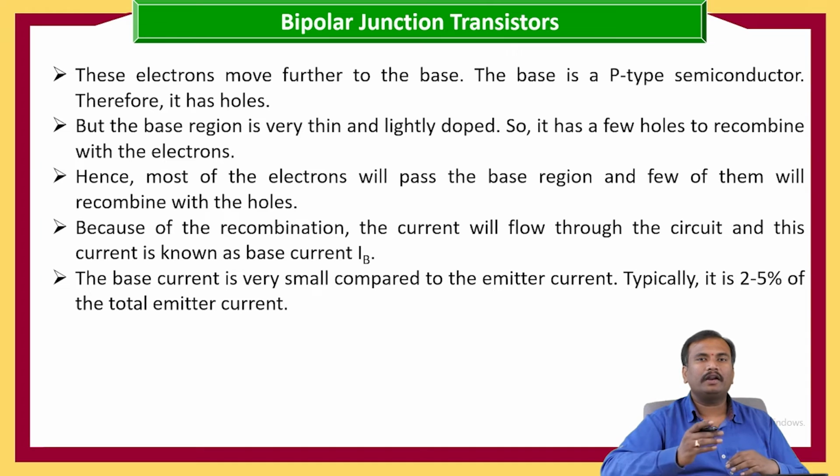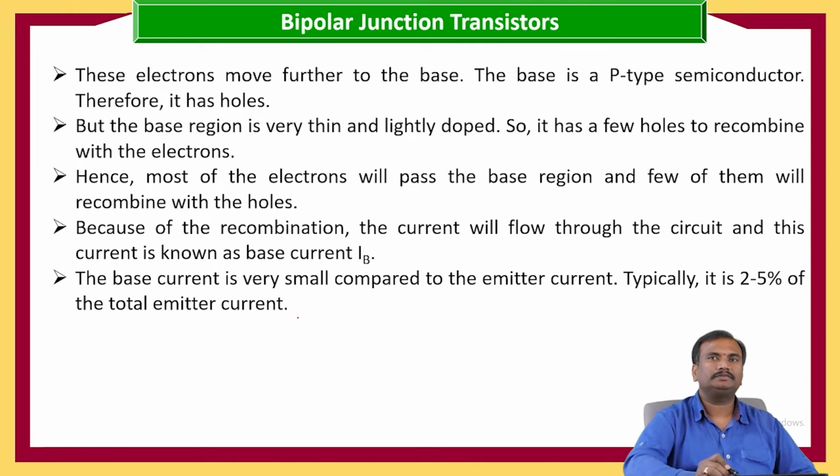The base current is very small as compared with the emitter current. Typically it is 2 to 5% of total emitter current.